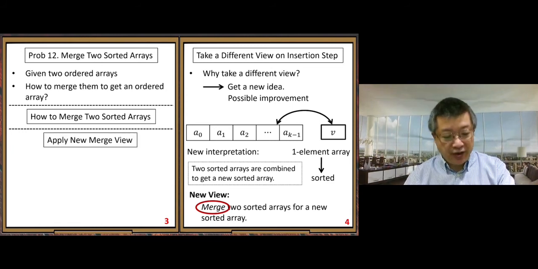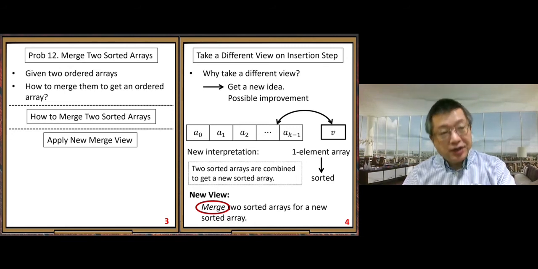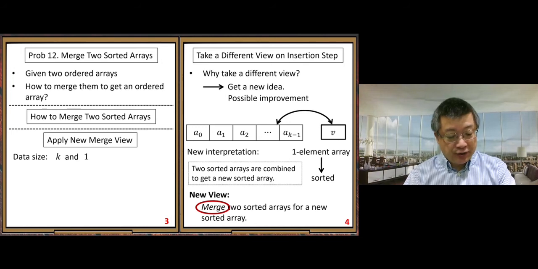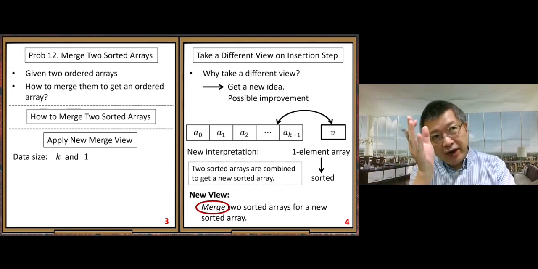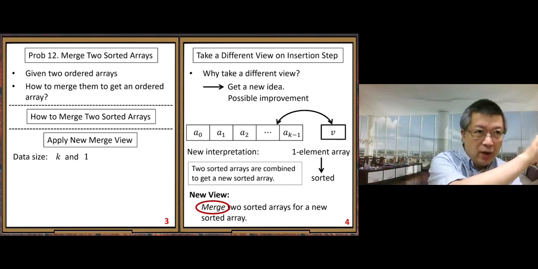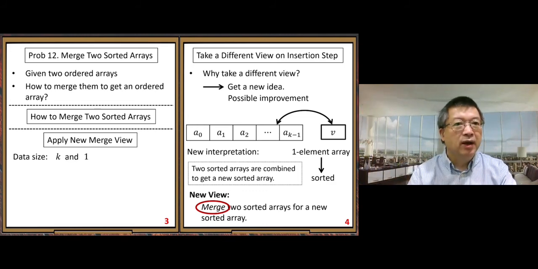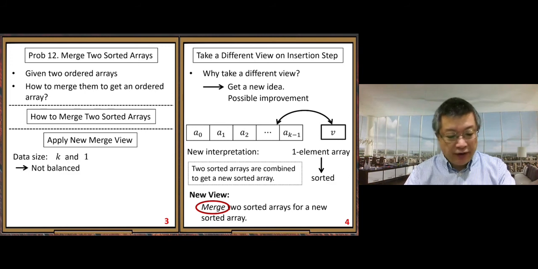For the data size, in the insertion case, one array has size k, the other, special, has one element, size 1. But in this case, the sizes of the two subarrays are not balanced.